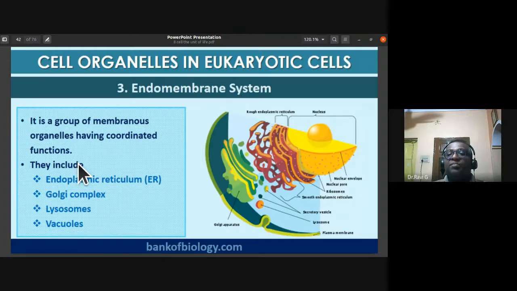Endo means within. So the endomembrane system is a group of membranous organelles having coordinated functions.